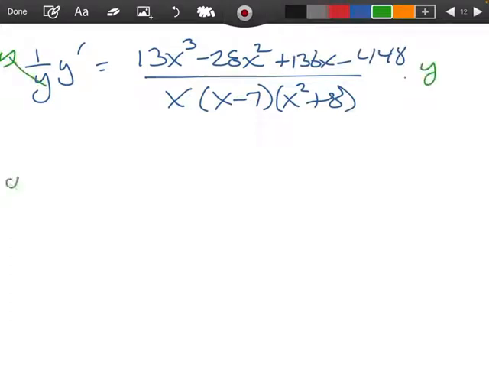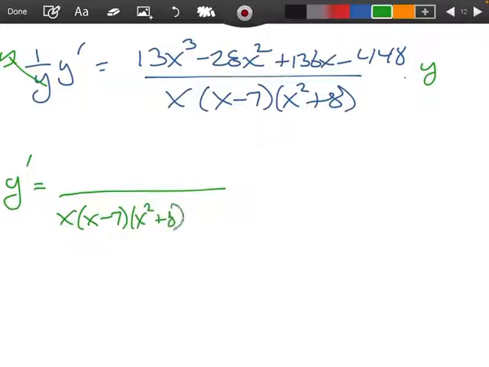Okay, so those are going to cancel. So I'm going to end up with y prime equals, let's go slow, x minus 7, x squared plus 8, 13x to the third, minus 28x squared, plus 136x, minus 448.